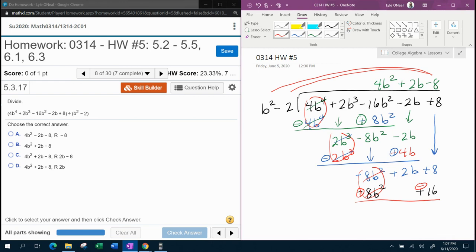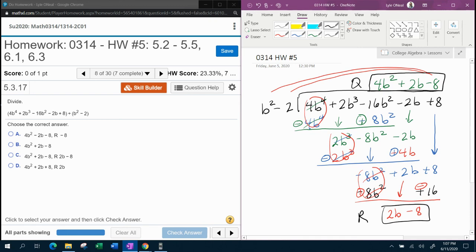You screwed something up, okay? Next, the 2b is going to fall through the gap. That gives me a plus 2b. And then I'm going to have 8 minus 16, which is negative 8. And we're going to put a box around that. That's the remainder.